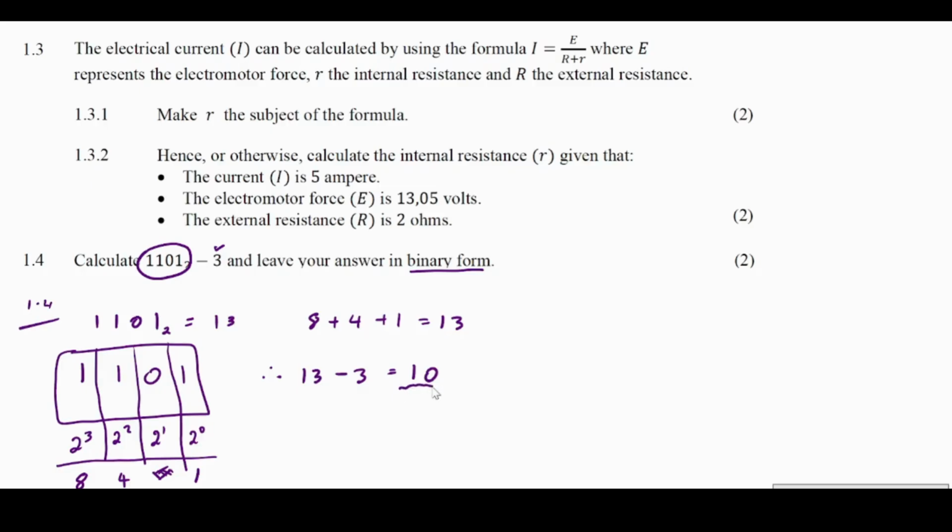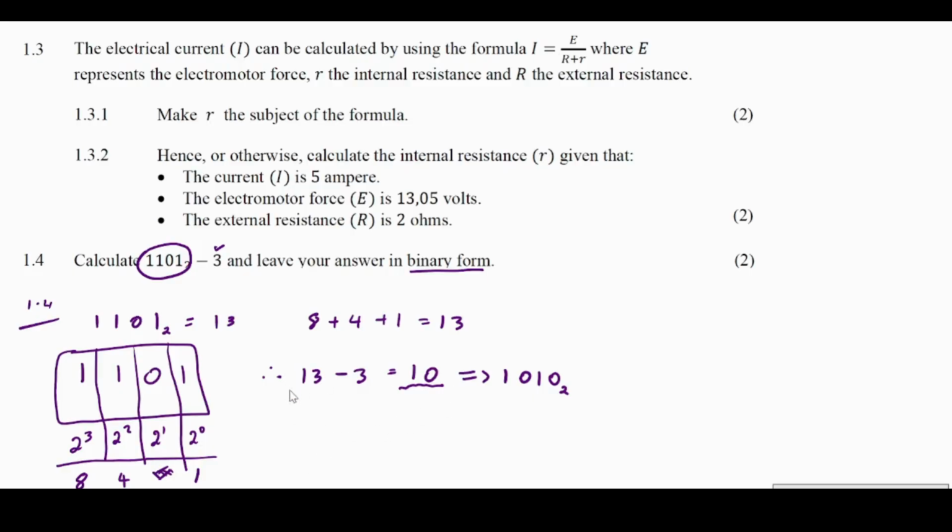So now we have to leave our answer in binary form. So we have to convert 10 into binary form. We are going to do the same thing that we did here. The binary form of 10 is 1 0 1 0 base 2. All right, so how did we find this?